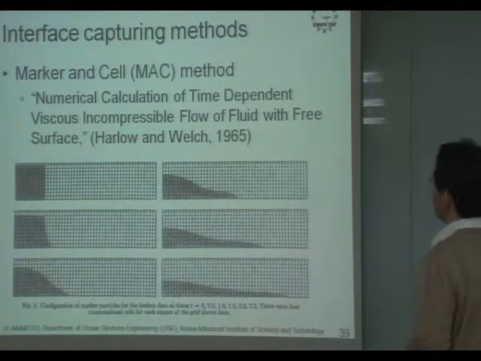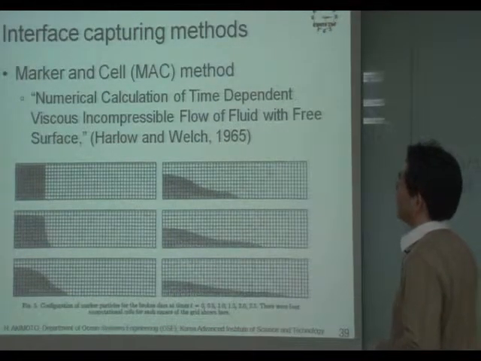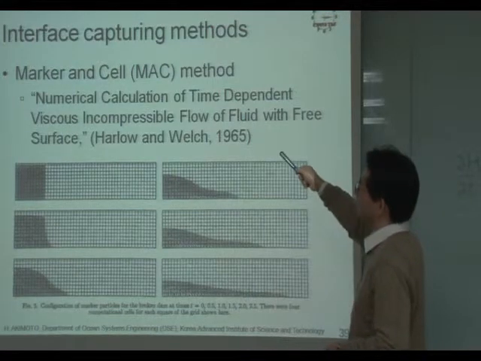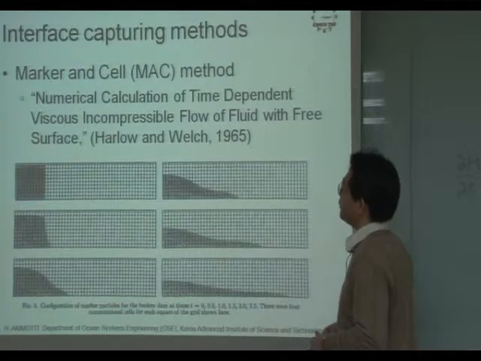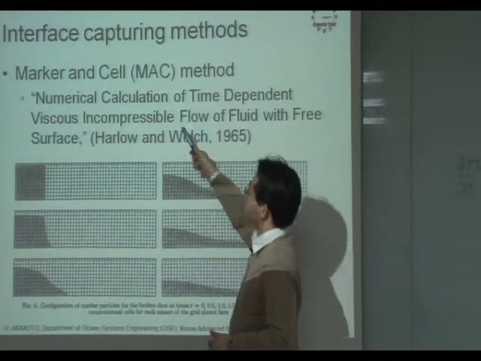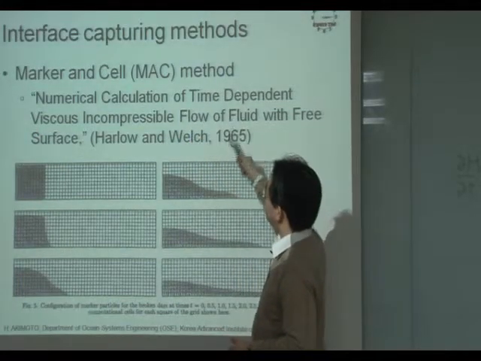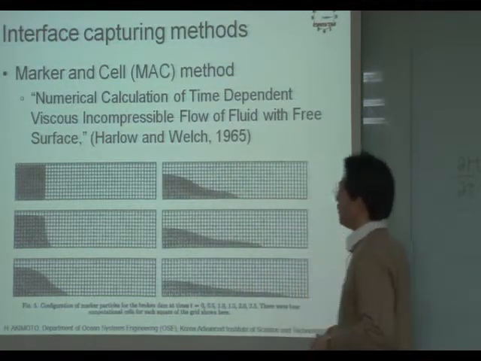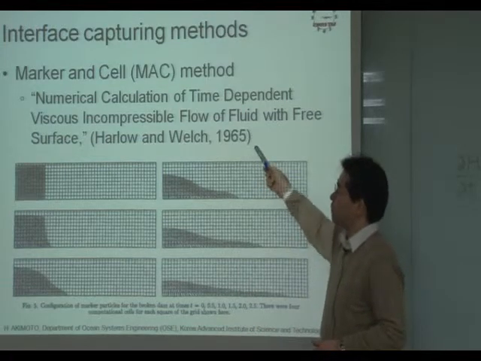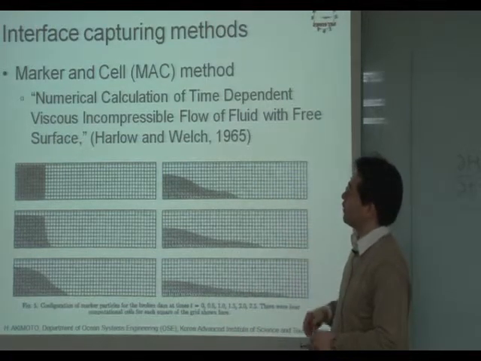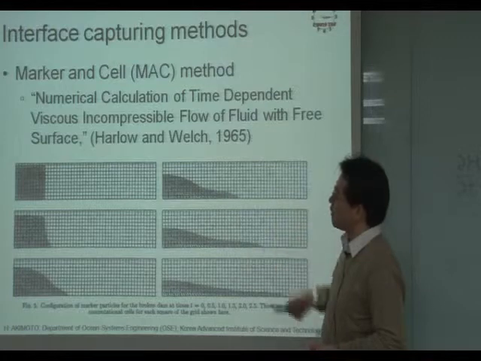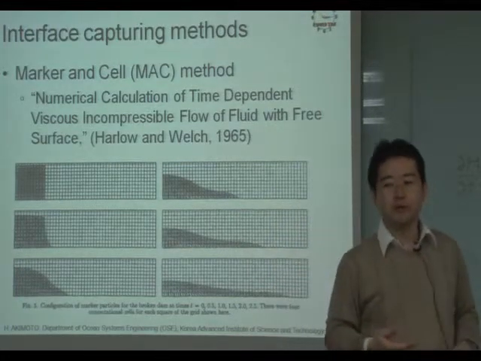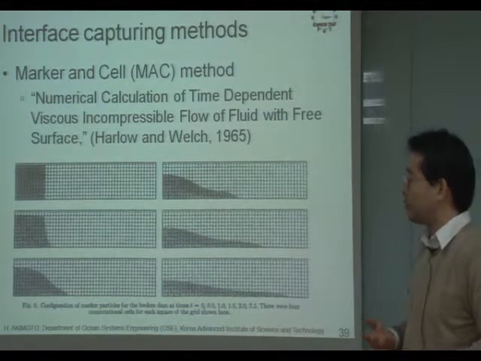The most referred paper in this field is the marker and cell method. Usually we call it the MAC method, and it is by Harlow and Welch. This paper is very famous because it contains the marker and cell method, and also staggered mesh approaches for incompressible flow.